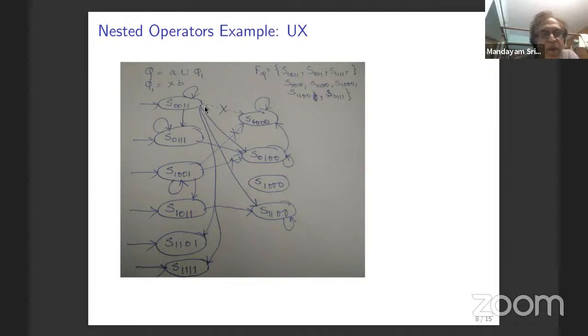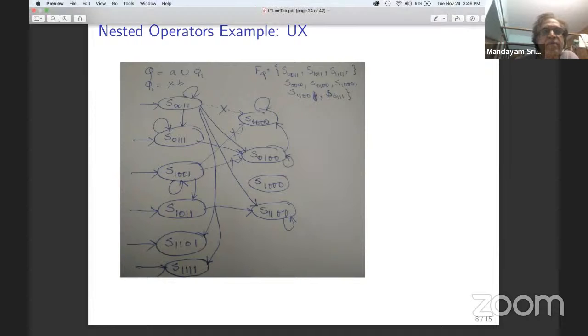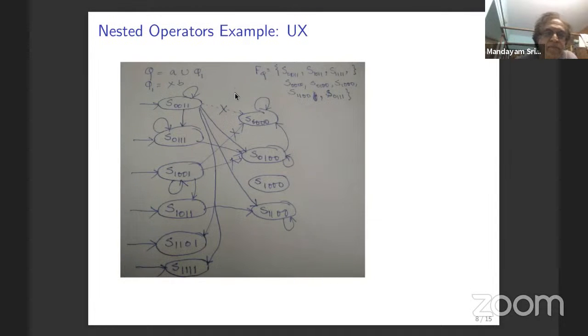Now, why is the transition that I've shown here in dotted arrow not permissible? Can anyone tell me? Or the ones that I have crossed out are not permissible.